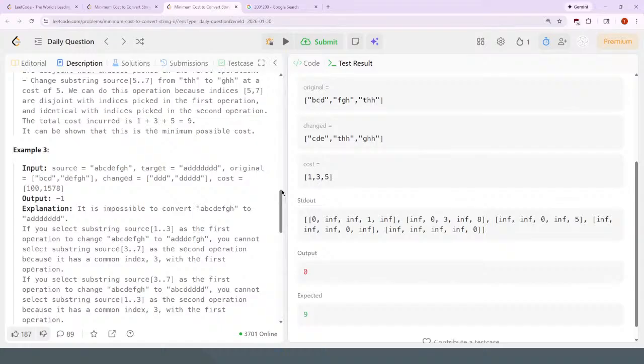So BCD, so I think that's this one right there. This is index 0 string, this is index 1, 2, 3 string. So row 0, column 3 should be 1, and then FGH to THH is 3, so this should be row 1, column 2. Row 1, column 2 is 3. Alright, this looks fine.